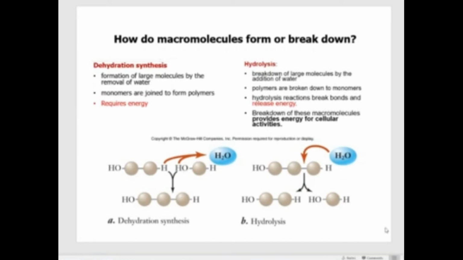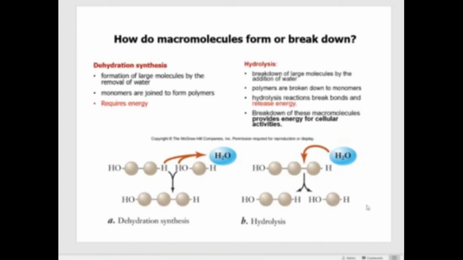On the other hand, when you want to break down these polymers into their building blocks, monomers, this is achieved by hydrolysis. Hydro again means water, and lysis means breaking down. So you're almost doing the reverse of dehydration. You're providing water, and the water is going to be broken down into hydrogen and the hydroxyl group, and then they will be added to these two parts of this polymer, and you're going to form two monomer molecules.